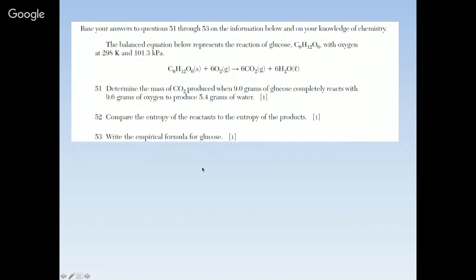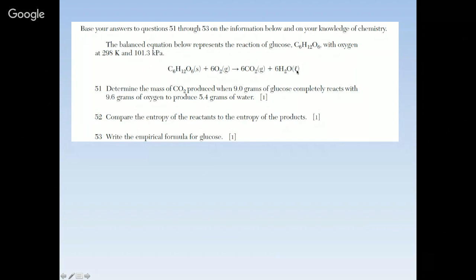Okay, so when we look at this, it looks like we might have to do some conversions to moles. I know a lot of my students tried to convert all of these to moles and then run mole conversions, but it's actually a much easier question than that. If we follow the law of conservation of mass, we know that the mass of our reactants should equal the mass of our products.